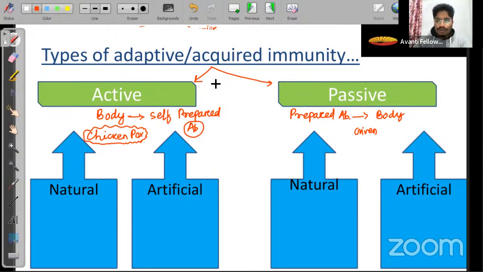Let me know in the chat box. Do you know the name of any medicine which can treat chicken pox? Anybody?